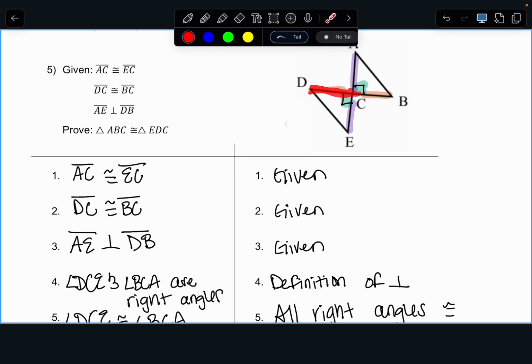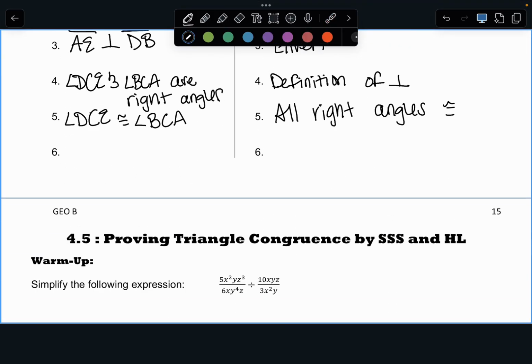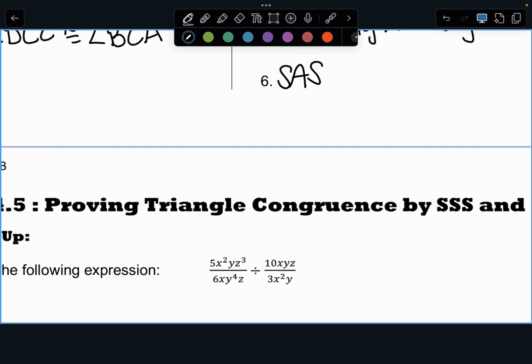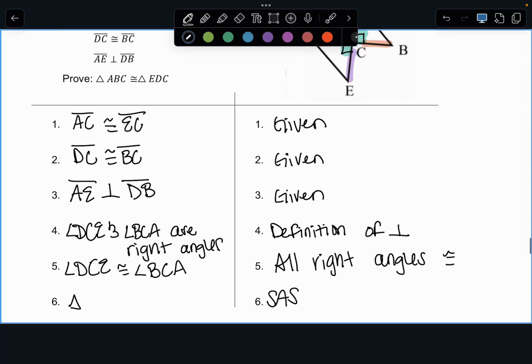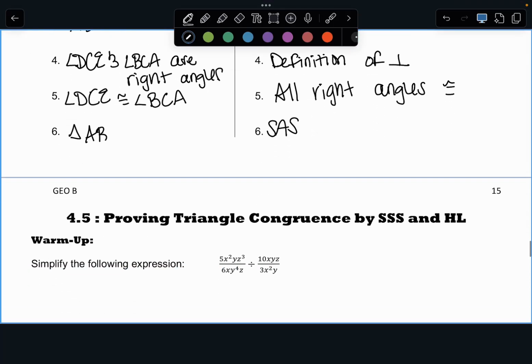What's this? Side or angle? Side. What's this one? Angle. Side. Okay. So by side, angle, side, we will say that triangle, and it already gives it to us up here, ABC is congruent to triangle EDC.